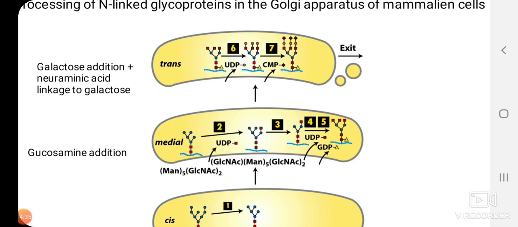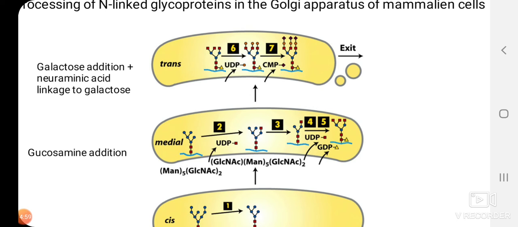Always we can see that all the glycosylated protein molecules are glycoproteins. In most eukaryotes, they are terminally glycosylated with N-acetyl neuraminic acid, or sialic acid. The absence of it makes them antigenic.